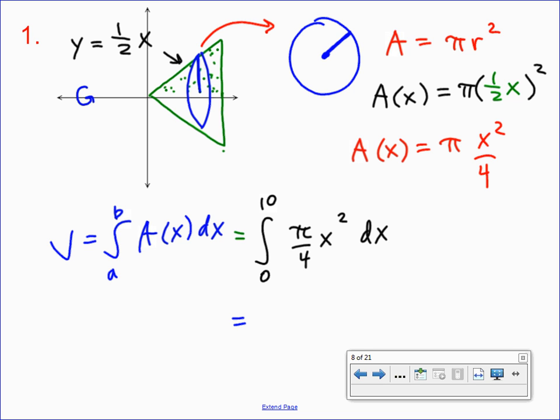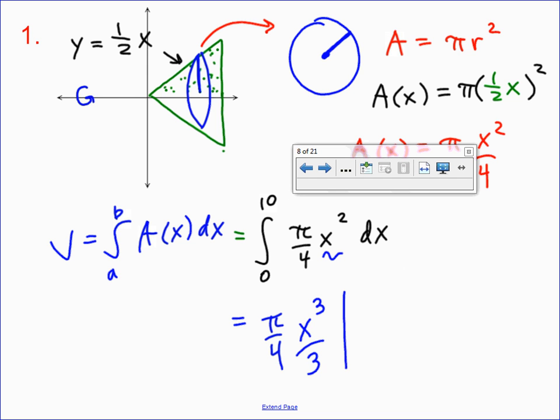To avoid tripping, I like to pull that constant out. Pi over 4 is just a constant. I like to pull that out front of my integral symbol. I'll leave it as a constant multiple. And then find an antiderivative for x squared. We know an antiderivative for x squared would be x cubed over 3. And we'll evaluate that antiderivative function from 0 to 10.